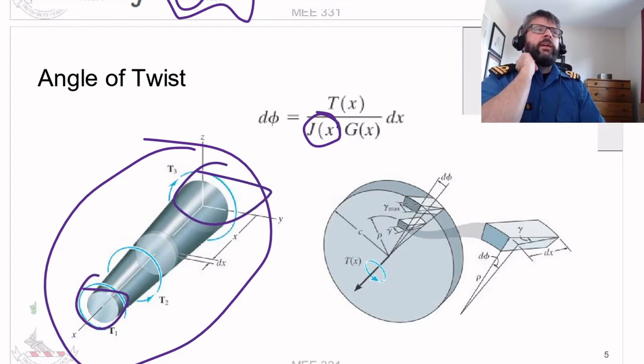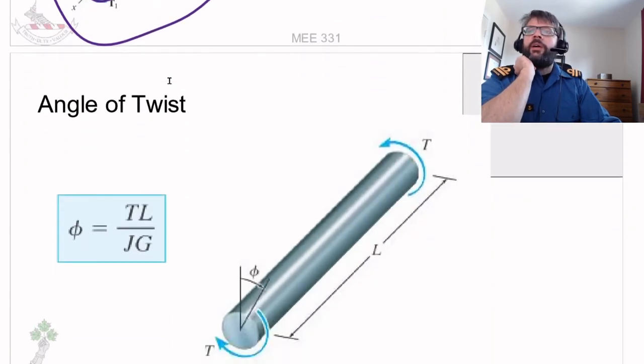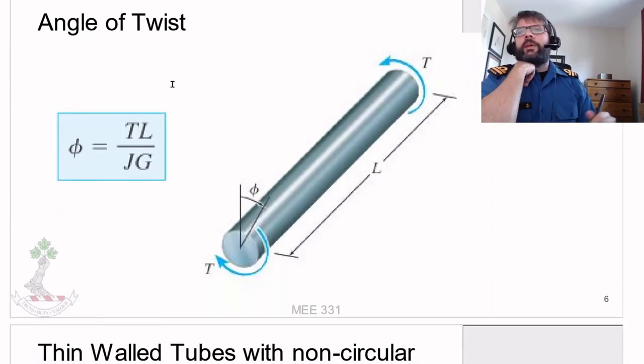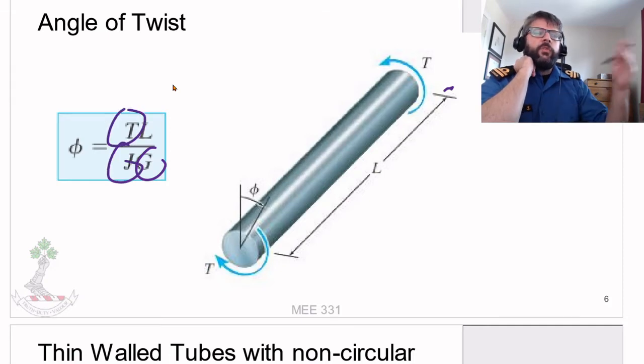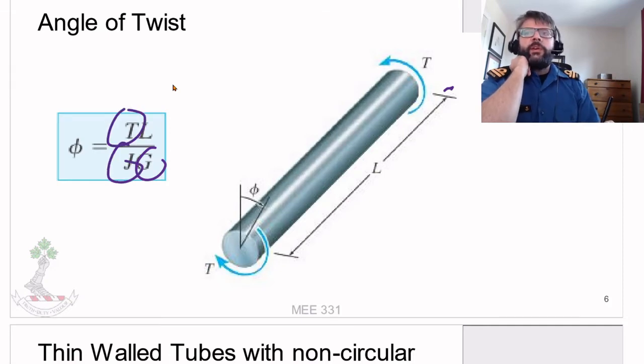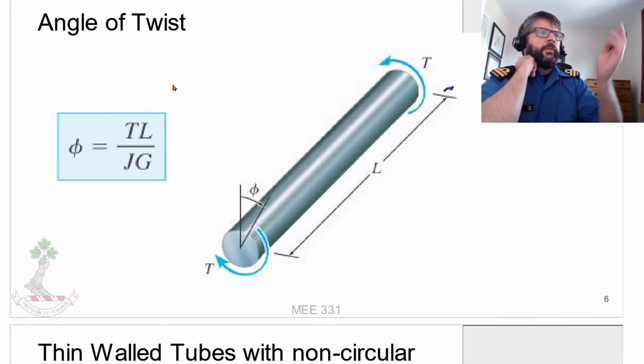That having been said, most of the time what you'll end up doing is looking at independent sections that have a constant G, a constant J, and a constant torque over that entire length. If so, then the amount of twist over that length is just going to be TL over JG.